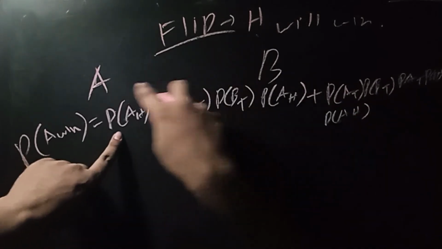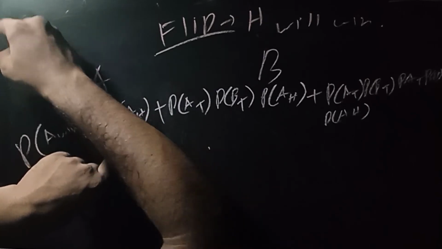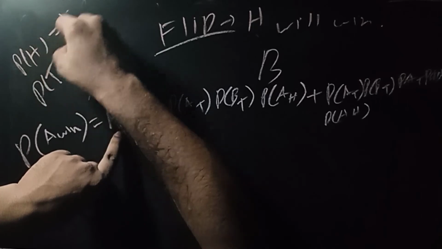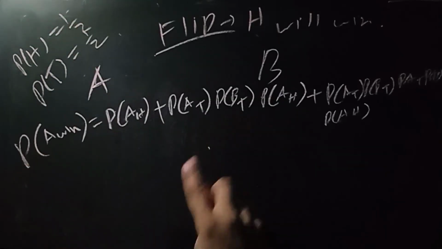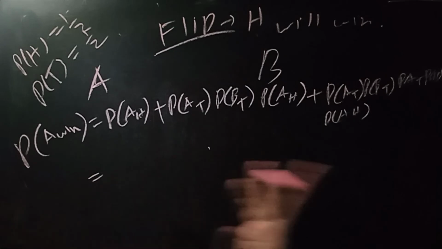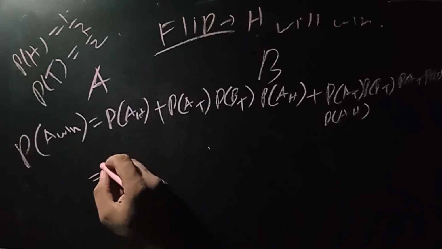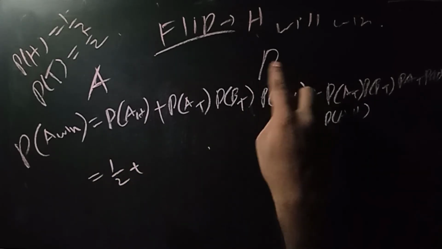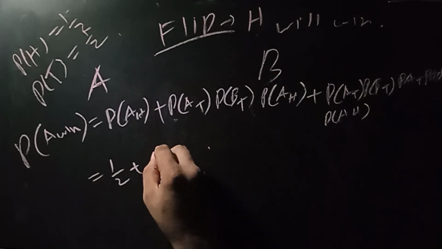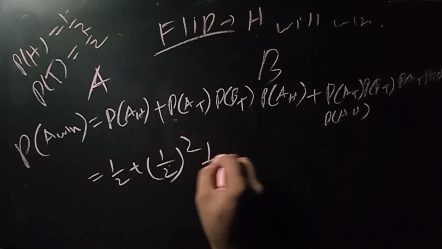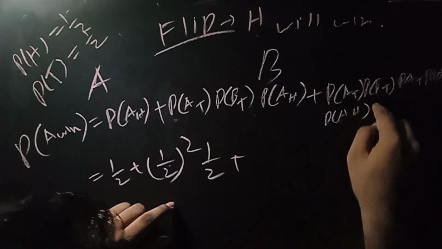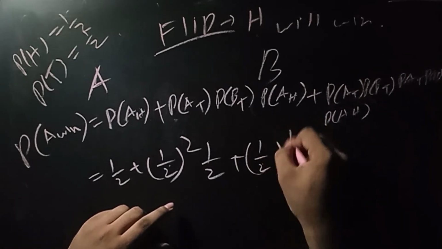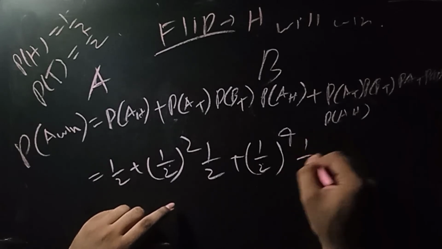Now the probability of H is half, probability of tail is half, so you can see a GP appearing. This is half, plus, taking the independent terms, half squared into half, plus half to the power 4 into half.